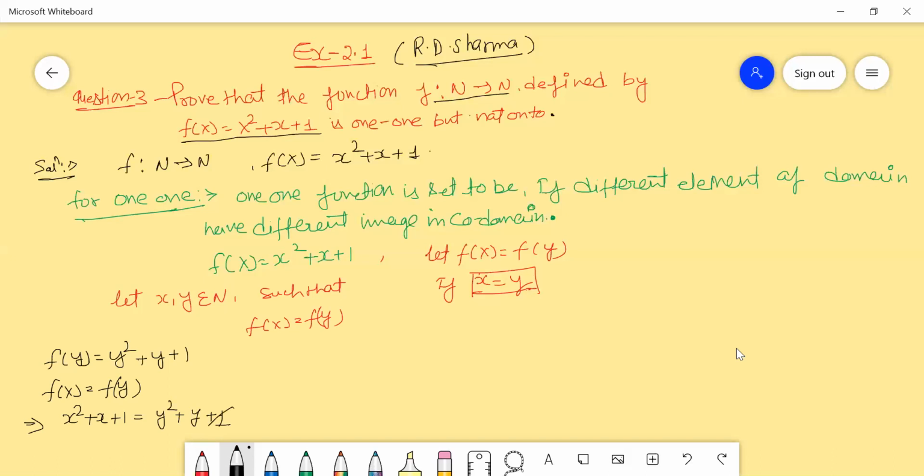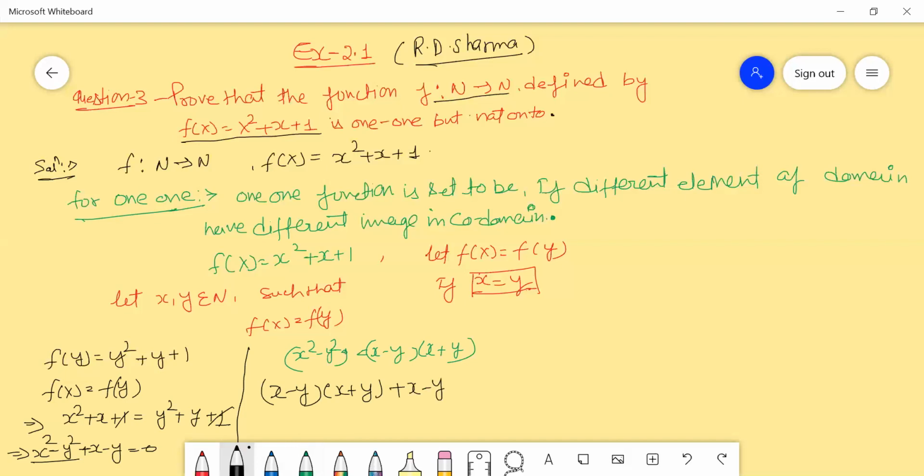The 1 cancels out, so we get x square minus y square plus x minus y is equal to 0. Now we use the property of x square minus y square, which is x minus y times x plus y. Putting this in, x minus y times x plus y, plus x minus y, is equal to 0.